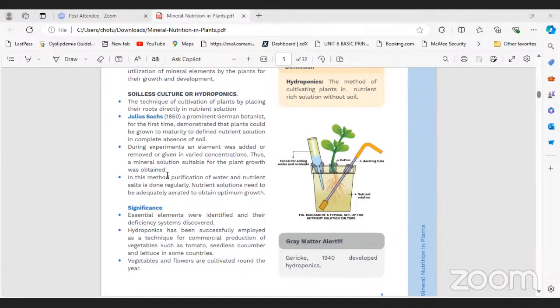In the middle of last century, water culture and sand culture experiments had established that the elements nitrogen, phosphorus, potassium, magnesium, calcium, and iron were indispensable for the plant. In the absence of any one of these elements, the growth of shoot or root was stunted.